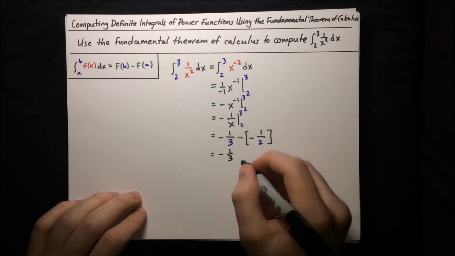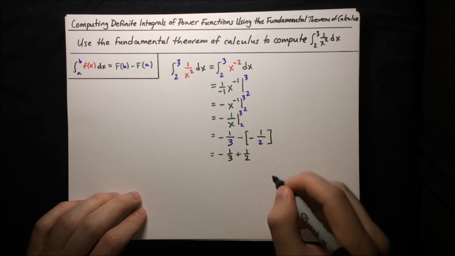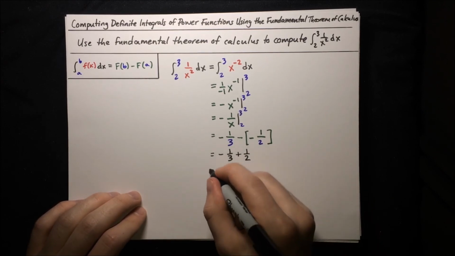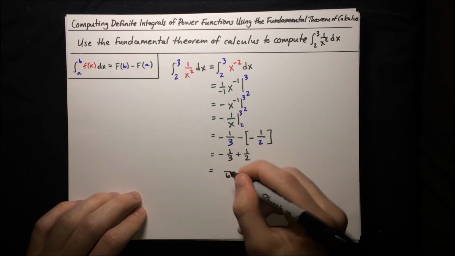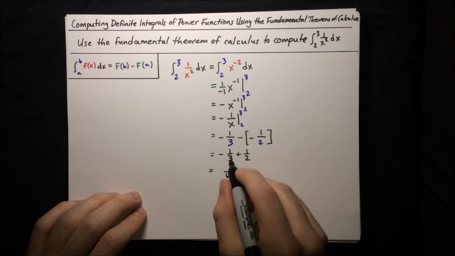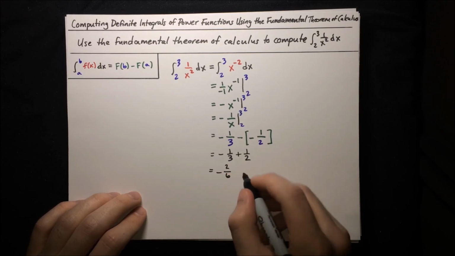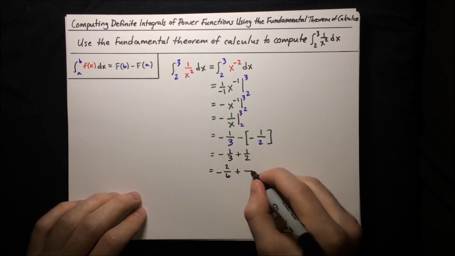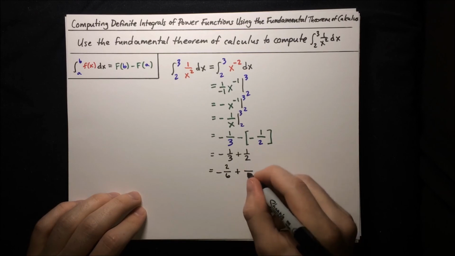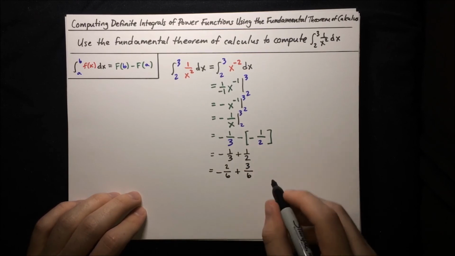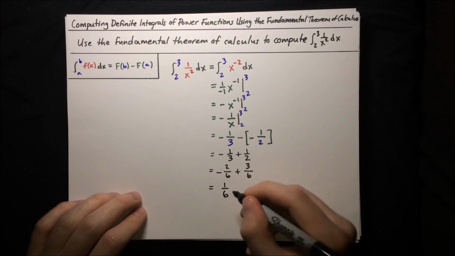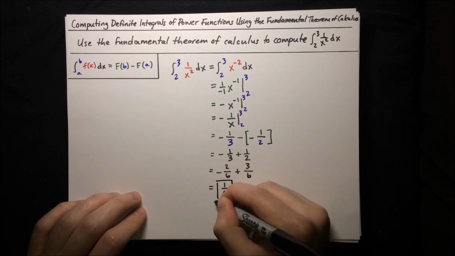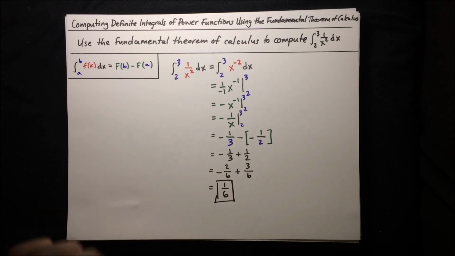The negatives cancel here, so plus 1/2. Why don't we add these fractions, so convert them to common denominator. How about over 6? So multiply by 2 on top and bottom here, so negative 2/6, and then plus multiply by 3 on top and bottom here, so plus 3/6, and then negative 2 plus 3 just makes 1, so 1/6. There we go. That's the result of our integral.